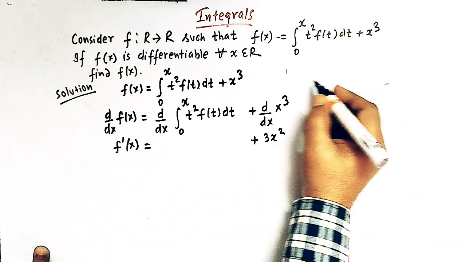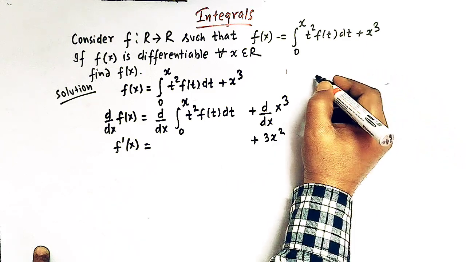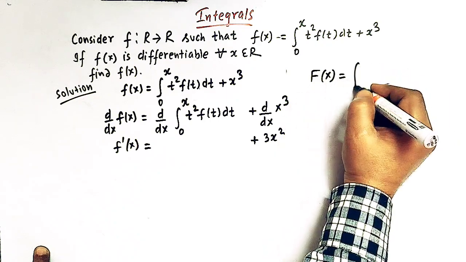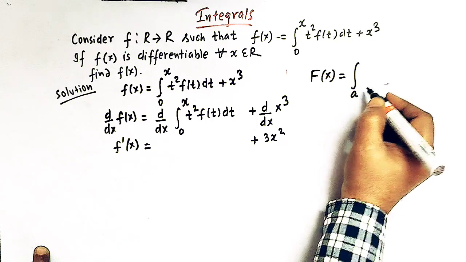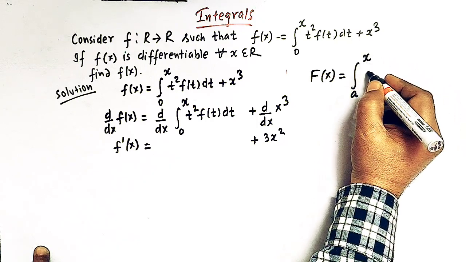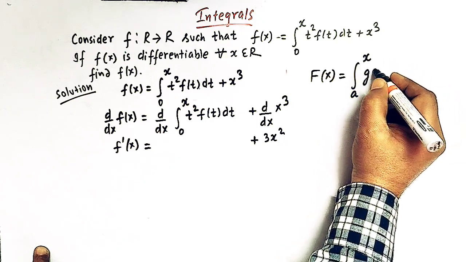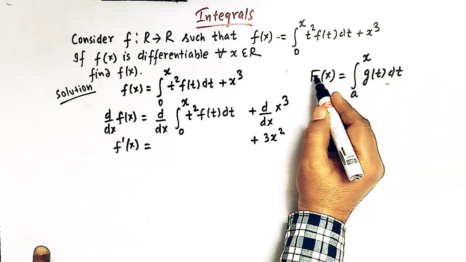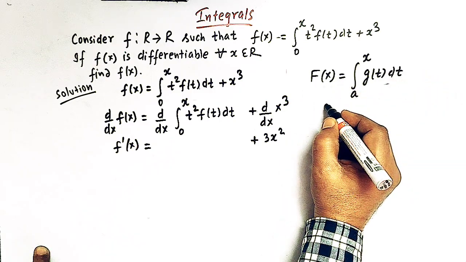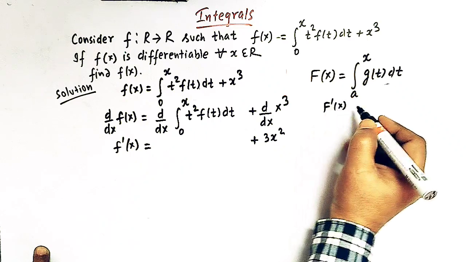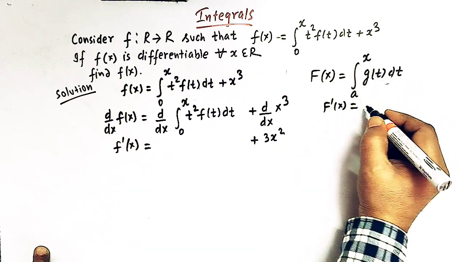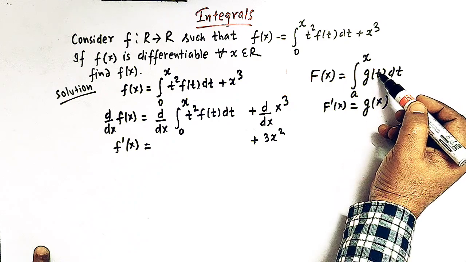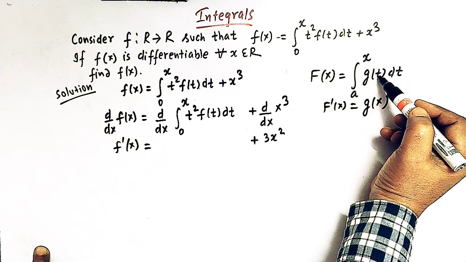See, if we have a function, say F of x is equal to the integral from a to x of a function g of t dt, then the derivative of F of x, that is F prime of x, is simply g of x, that is, we replace this t by x.